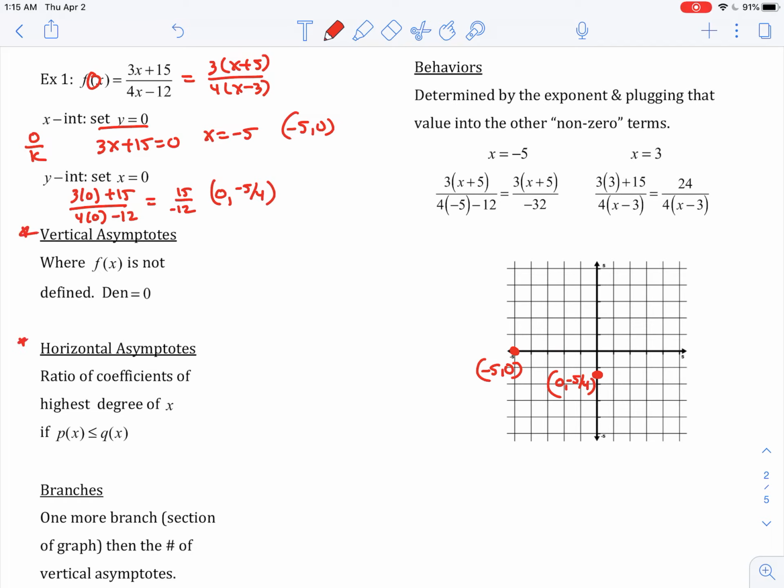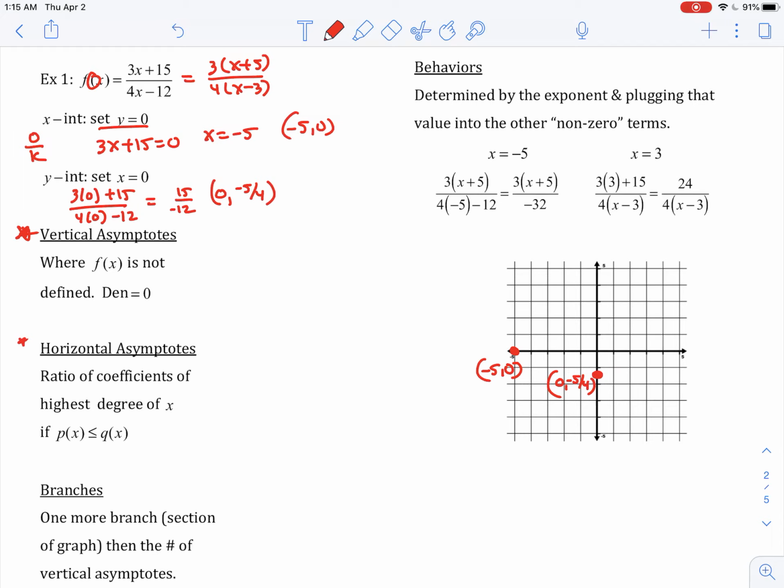Asymptotes. An asymptote is a line that your graph is approaching. It's a line where the distance between that asymptote and your graph gets closer and closer to 0. Our graph will never cross a vertical asymptote; you can think of it like a brick wall. Your graph will get really close to it, but it never crosses. To find the equation for your vertical asymptotes, look at where your function is not defined.